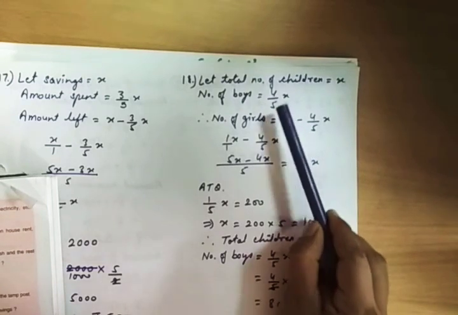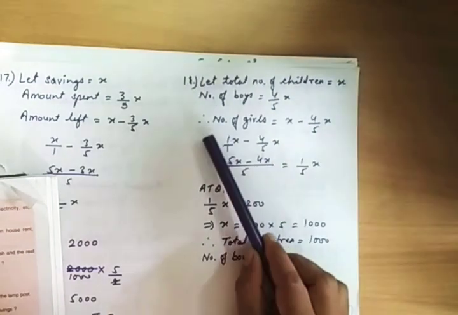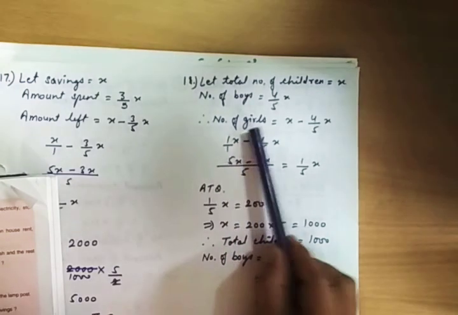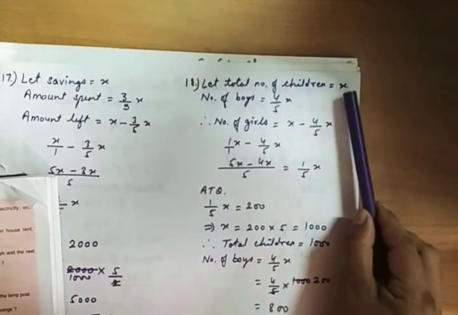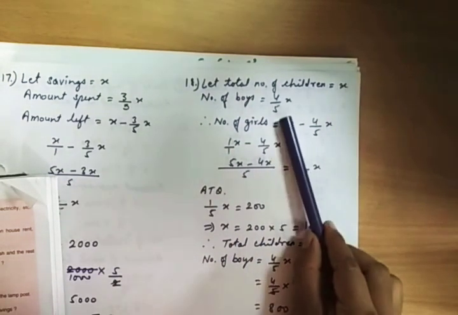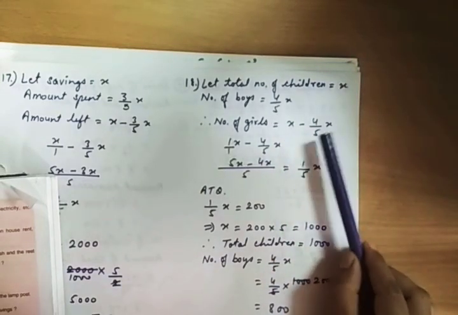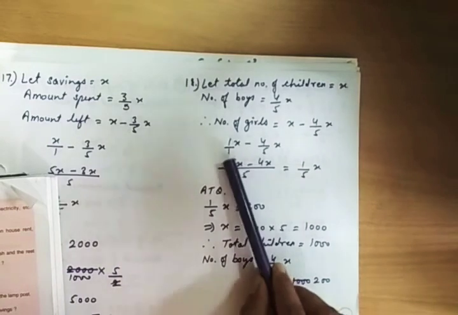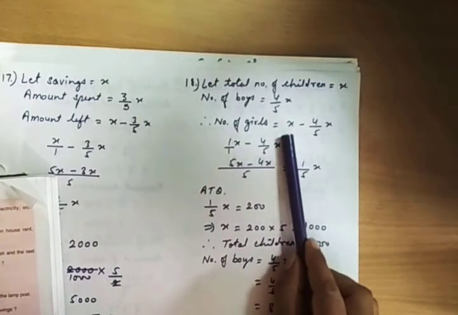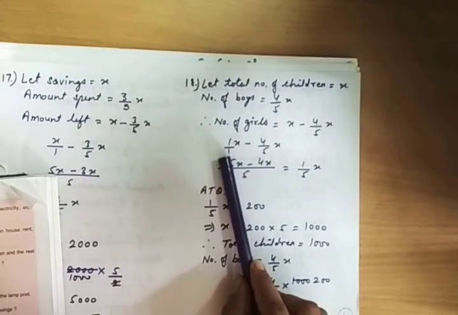So if boys are 4 by 5 x, then what will be the number of girls? Number of girls will be total number of children minus number of boys. So it will be x minus 4 by 5 x. Because we are not having any numerical coefficient before x, I have taken it as 1.